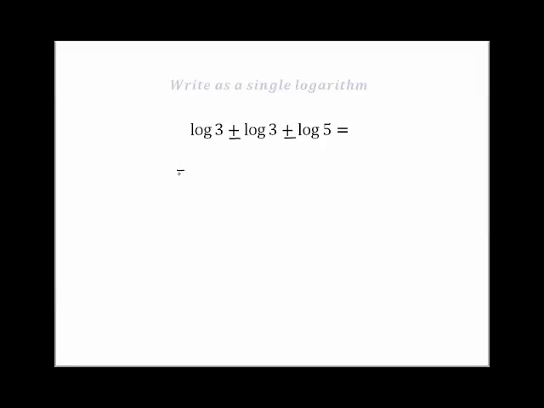So that shouldn't be too bad. Same thing. Log of 3 times 3 times 5. As long as I can do that multiplication, I end up with the log. 3 times 3 is 9, times 5 is 45. Log of 45.